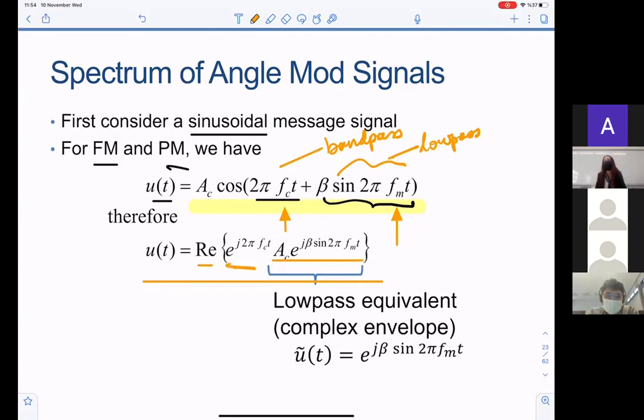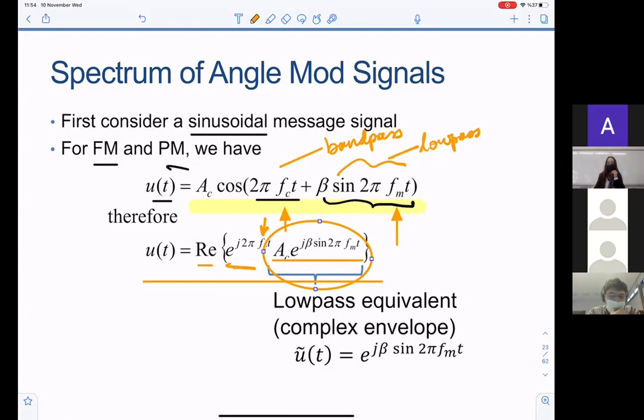And you've seen this representation in previous courses. Because with this representation, we have the flexibility that if someone gives us a different carrier frequency, this will not affect this part, which is called the complex envelope.